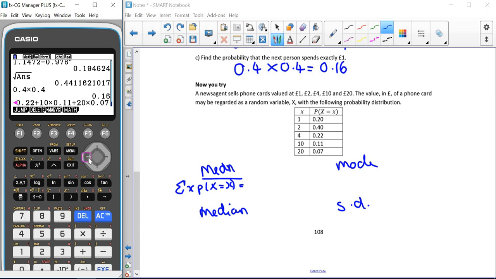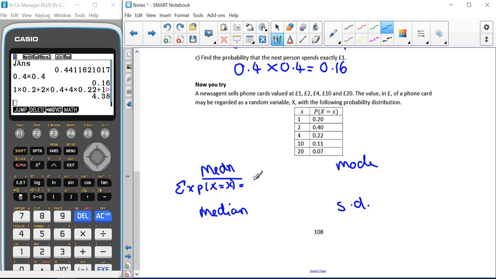Just double checking I've typed all that in correctly. So 1 times 0.2 plus 2 times 0.4 plus 4 times 0.22 plus 10 times 0.11 plus 20 times 0.07. Good, so that gives us a mean of 4.38.